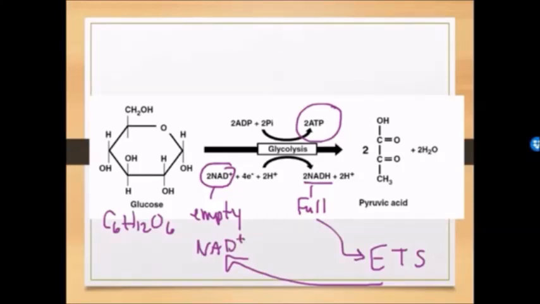So these NAD pluses that we see here, those are coming from our electron transport system after those carriers have dropped off their electrons. So we can see here in glycolysis, we'll pick up more electrons.